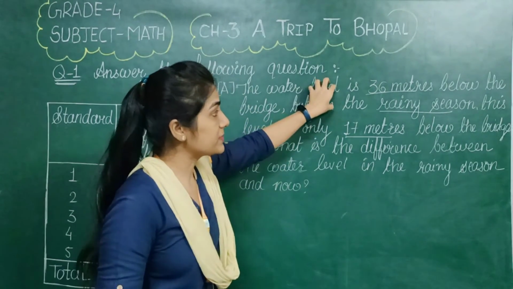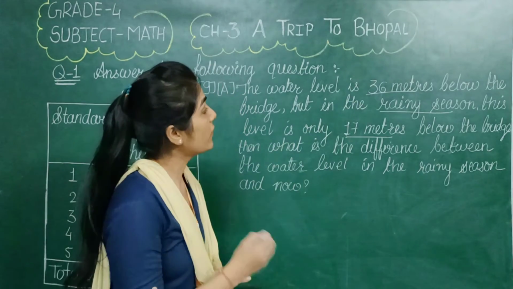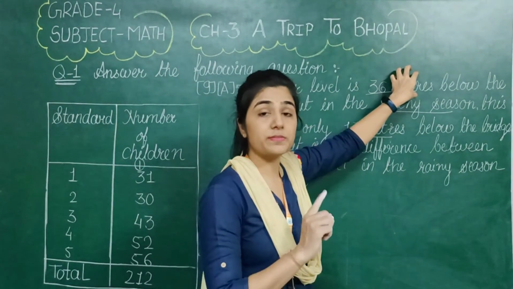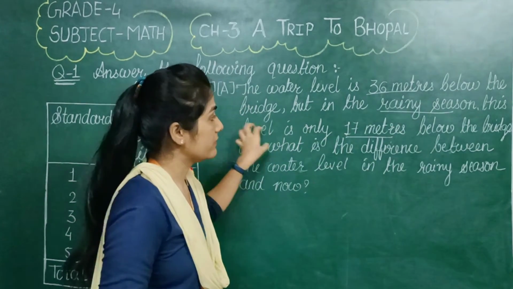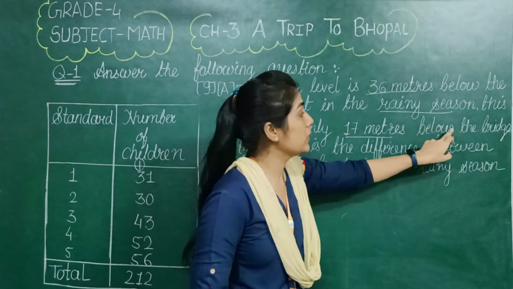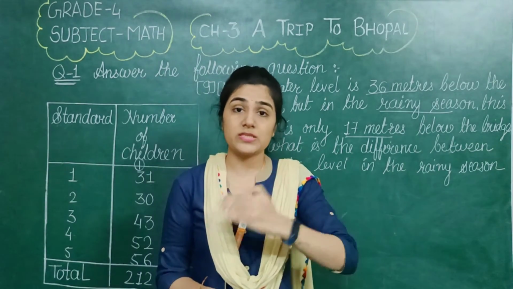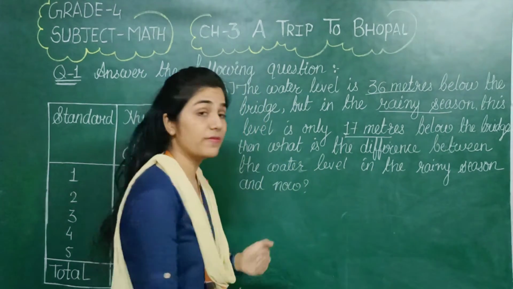So what is the difference between before the rainy season and after the rainy season? Before the rainy season, the difference between the bridge and the water level is 36 meters, and after, the water level is 17 meters below the bridge, which is very less.